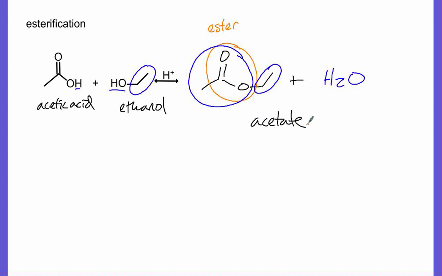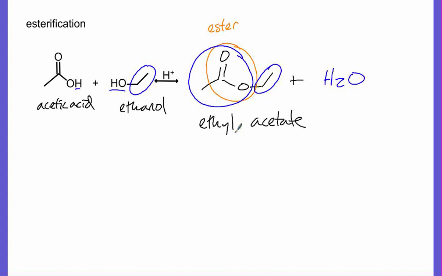If I used ethanoic acid on the left, I'd probably use ethanoate on the right. But all I have to do is attach that ethyl group to this. So this is called an ethyl acetate.